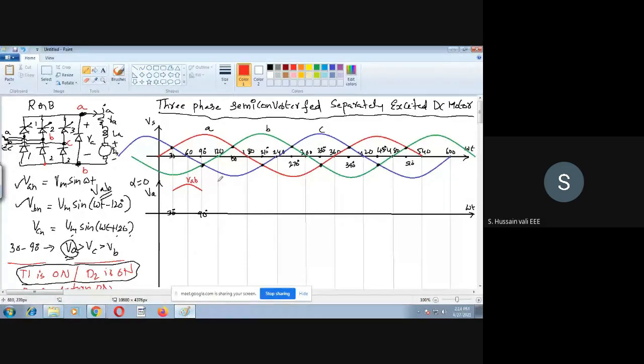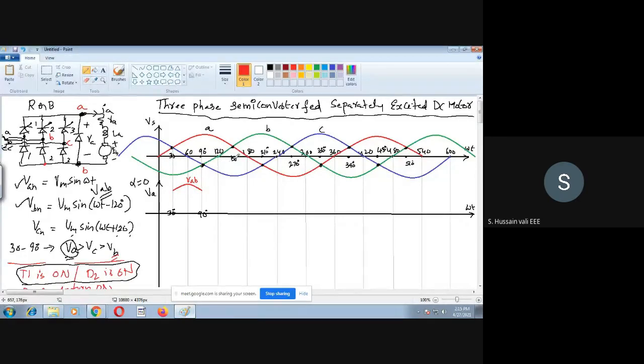The next duration is 90 to 150, another 60. In 90 to 150, VA is higher once again, but this time the lowest one is VC. So in every duration, you have to find out which of the three is highest and which is lowest. For 30 to 90, the highest is A and the lowest is B, so the line voltage is VAB.